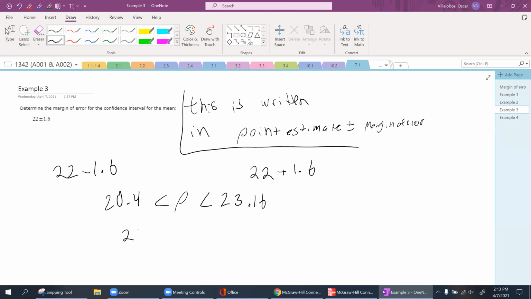So this here would be 23.6 minus 20.4 divided by 2. I'm sorry, did I say divided by 4? I meant divided by 2.